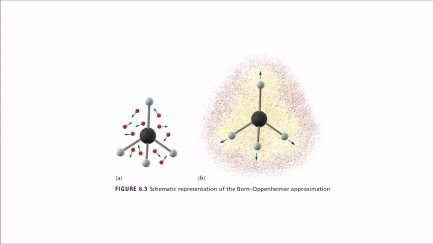Okay, the next picture in the book is going to introduce a concept known as the Born-Oppenheimer approximation. And in a sense, the explanation that the book gives, which is that the electrons are moving very fast and the nuclei are moving slow, is accurate.